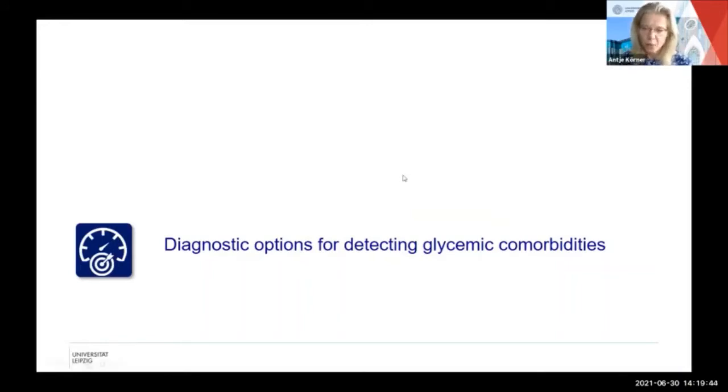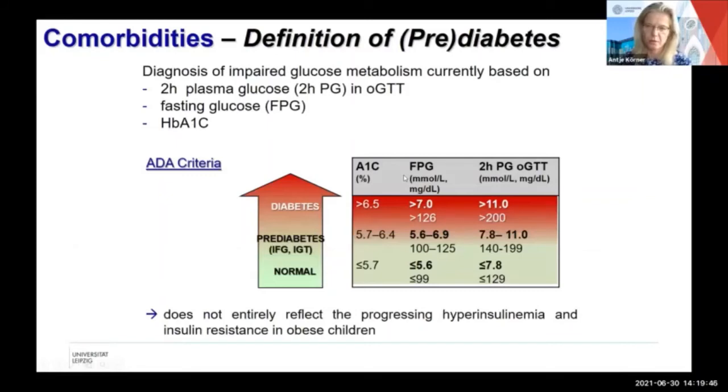And what are the means that we have available clinically? So these are the criteria for the definition of diabetes and prediabetes. And you see they are based on more or less 3 parameters. It's 2-hour plasma glucose, it's fasting plasma glucose, and it's HbA1c.